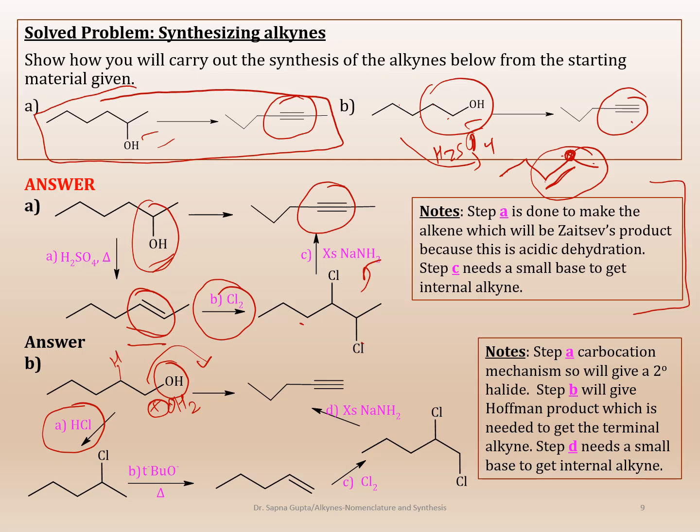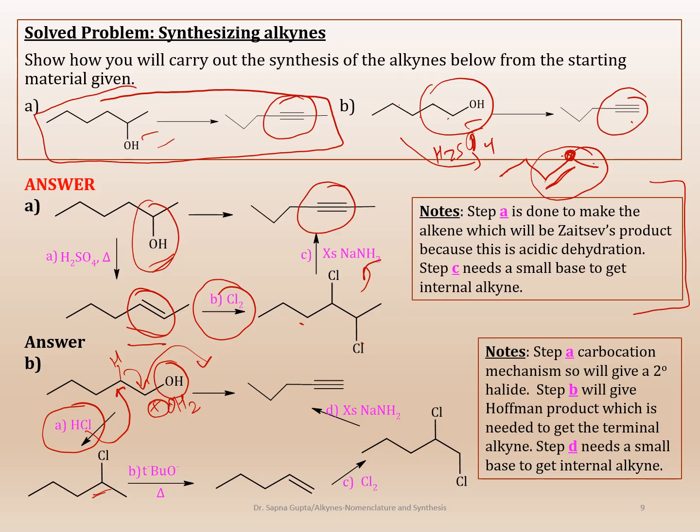A hydrogen is going to shift from there to there, and then the Cl is going to attack on that carbon, right? That's how I'm getting this 2-chloro over here. So I can't get the chlorine right where the OH is, not right now. Eventually I'll be able to, but not right now. But I get my chlorine on the second carbon because of rearrangement.